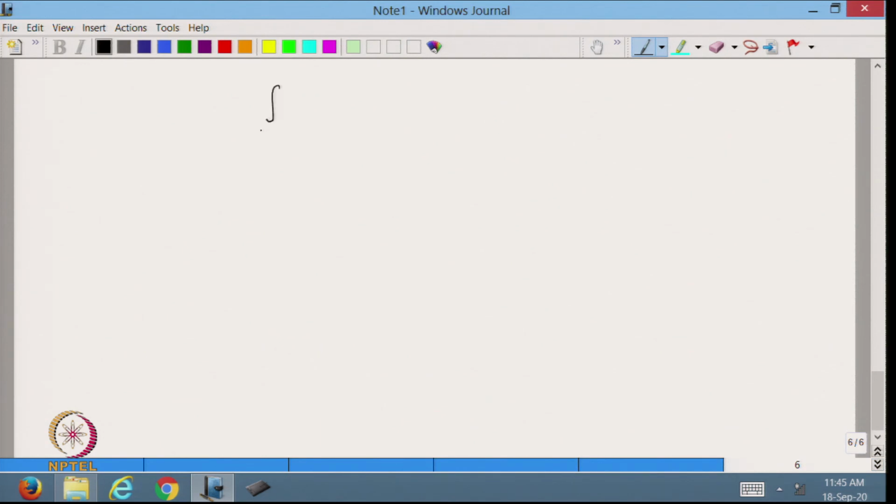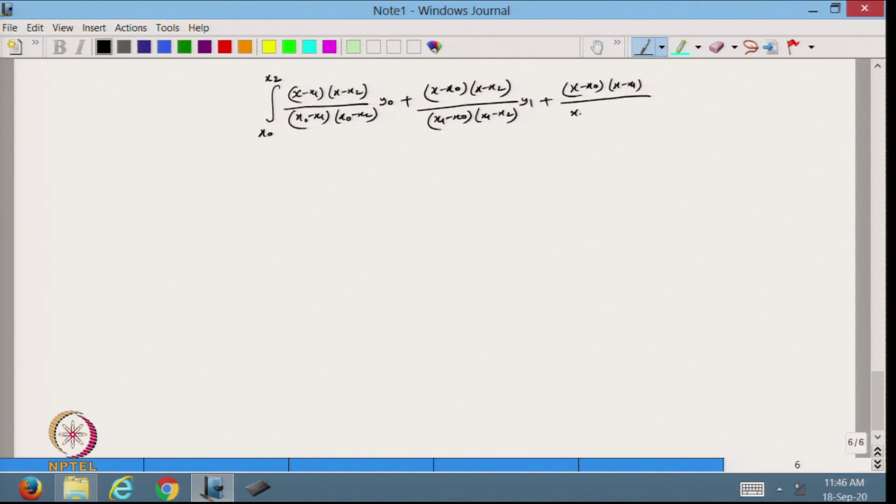Now, I need to find the integration from x0 to x2 of (x minus x1)(x minus x2) over (x0 minus x1)(x0 minus x2) times y0, plus (x minus x0)(x minus x2) over (x1 minus x0)(x1 minus x2) times y1, plus the x2 term, dx. So, this one we need to find. So, let us do the integration for this.